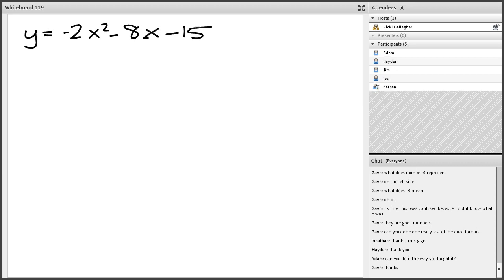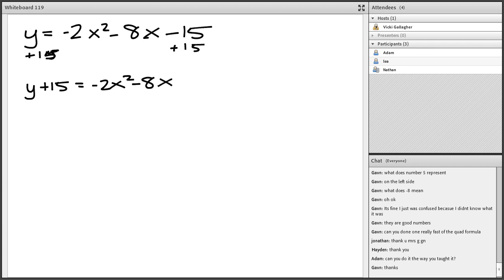All right, so the way that I taught my students, and I think Miss Lindahl might have done it this way as well, I'm not sure about Mr. Pixler or Mr. Ford, we added the 15 to the other side. That's a 15. And then we factored out our A, and when we factored out our A, that's when we put in our blank spaces.